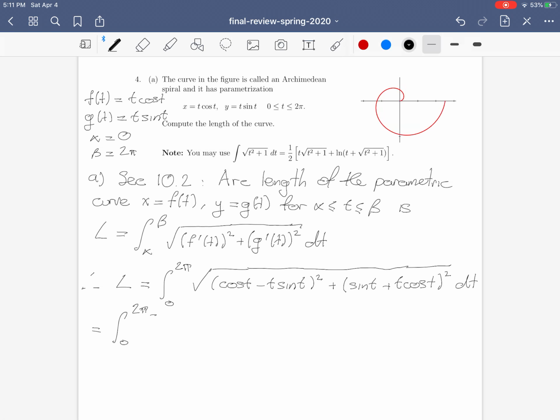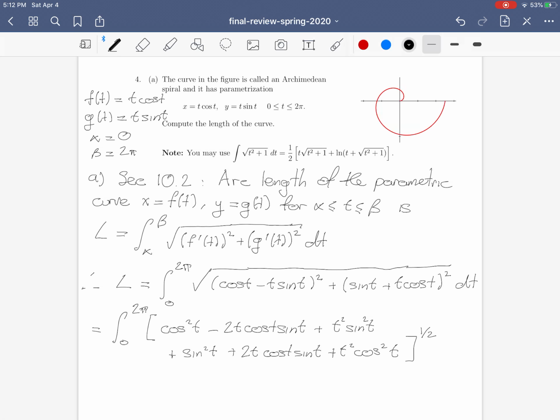And now let's expand these brackets out. So if I expand the first bracket, I get cos squared t minus 2t cos t sine t plus t squared sine squared t. And now if I expand the second bracket out, I get sine squared t plus 2t cos t sine t plus t squared cos squared t.